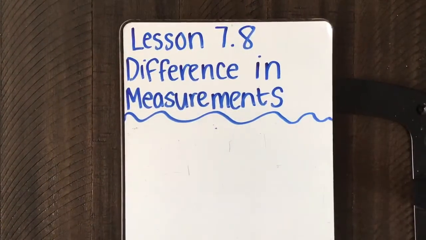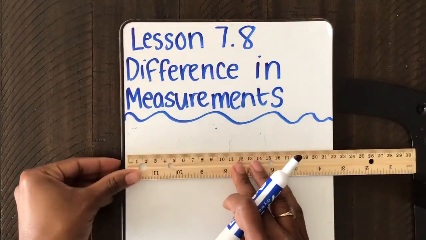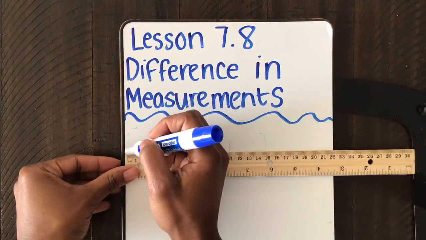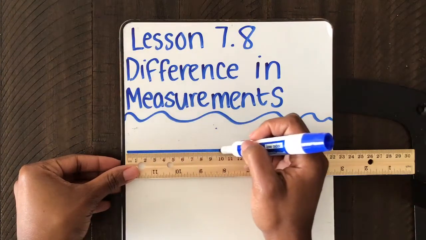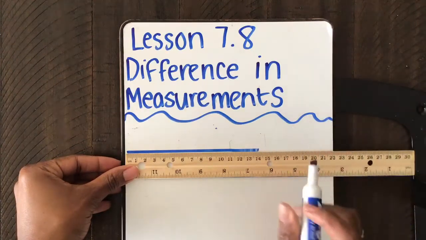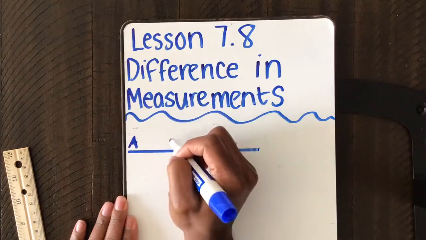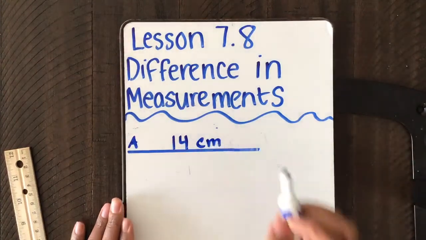Let's say, this time I'm going to use centimeters. And I'm going to draw a line that is 14 centimeters. That's line A, and it is 14 centimeters.